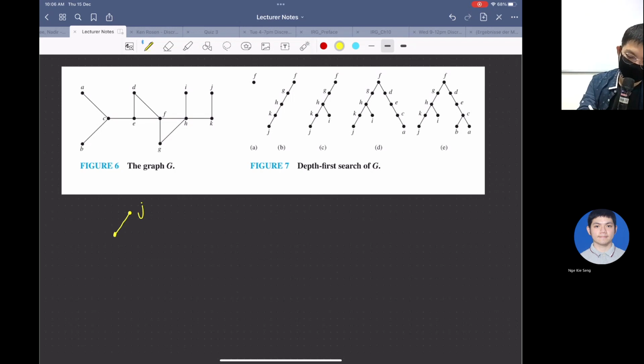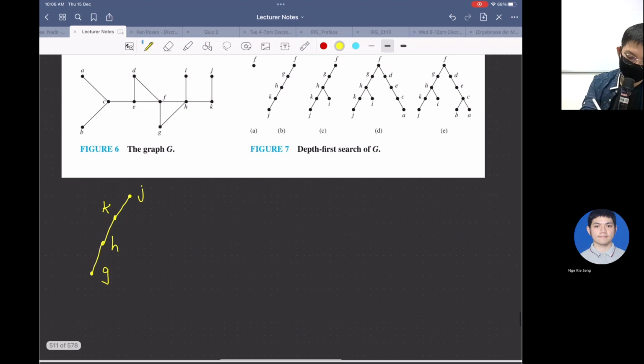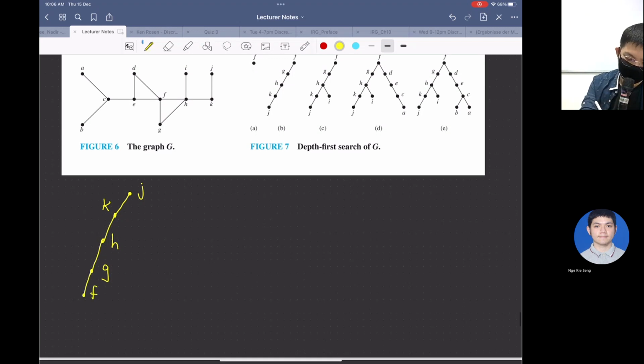You can go to K, and then to H, then G, then F, then E, then A. But you haven't reached B yet, right? So you need to go back to the last vertex that is adjacent to B, which is C. So you need to go to B. Who else haven't we reached yet?